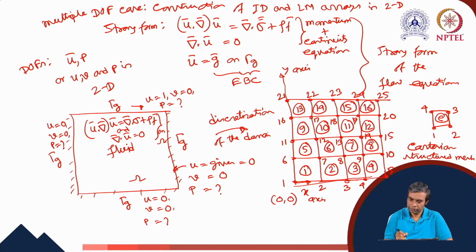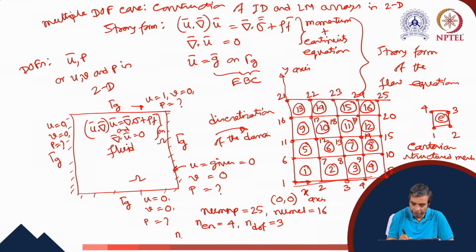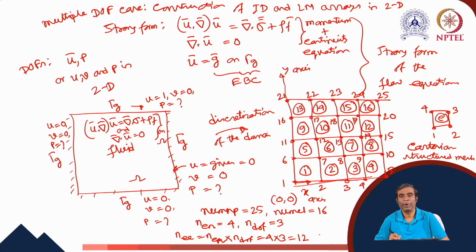Now, for this case, the number of nodal points equals 25 and the number of elements equals 16. The number of element nodes NEN equals 4 and the number of degrees of freedom per node NDOF equals 3. So the number of element equations equals NEN times NDOF, 4 times 3. We have 12 equations per local element.